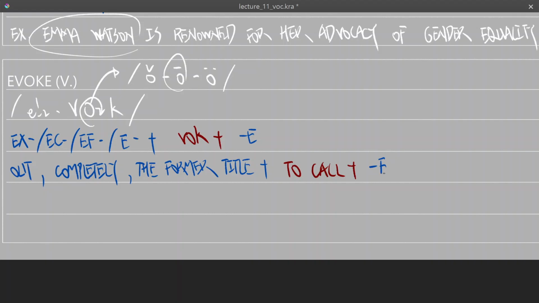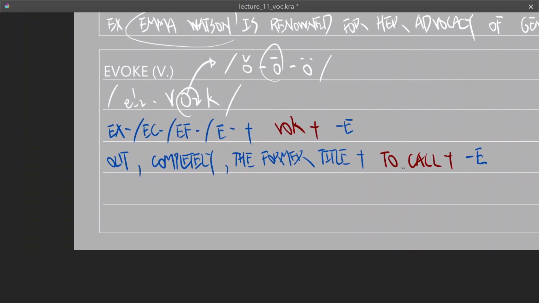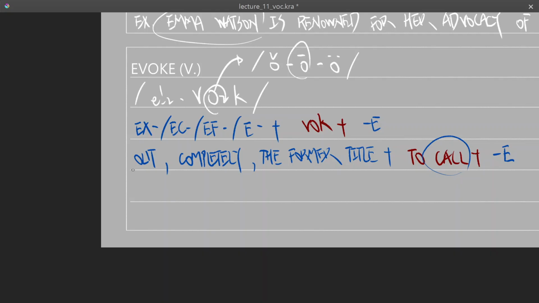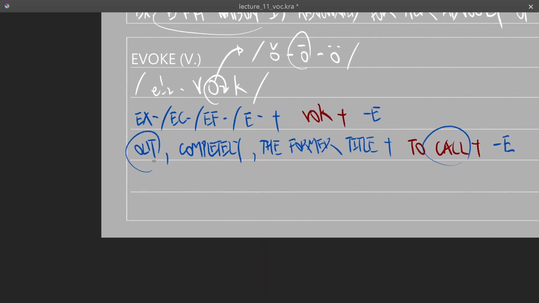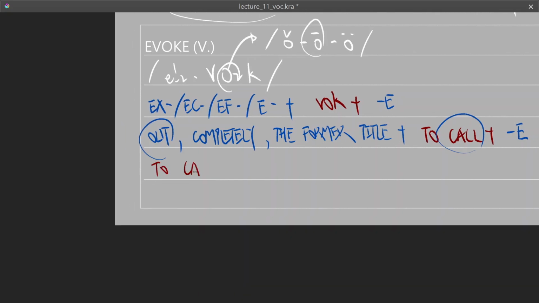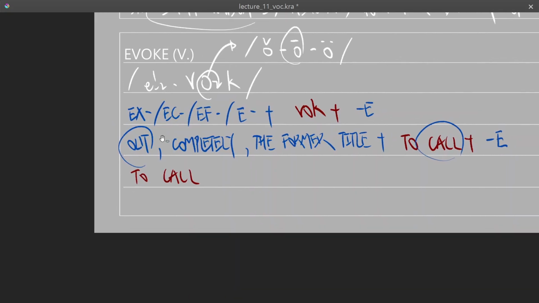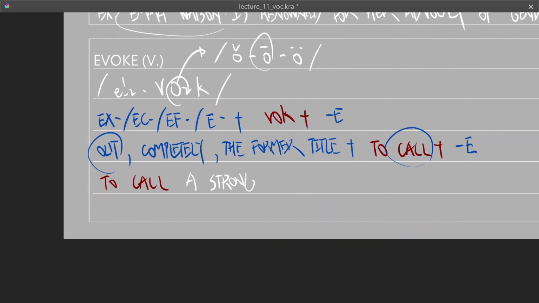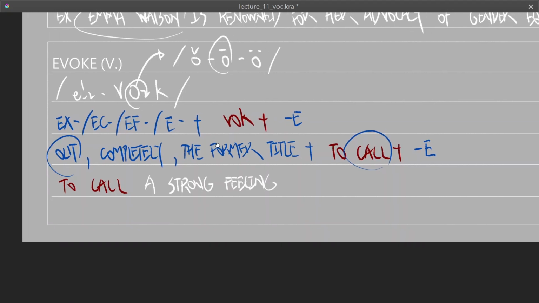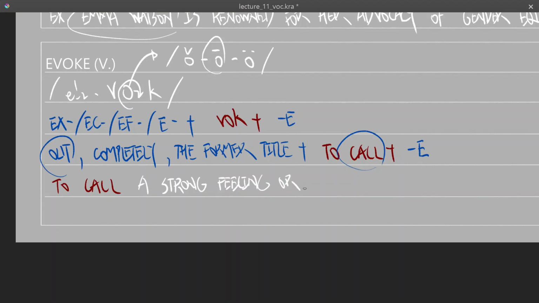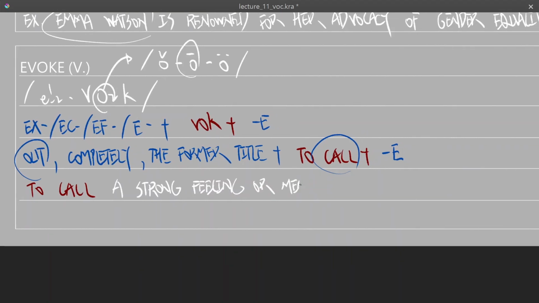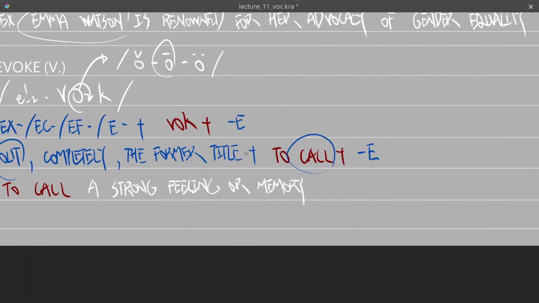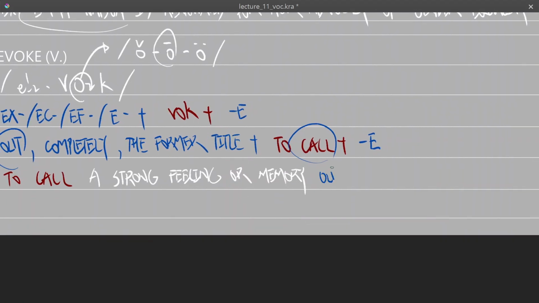Evoke literally means to call something out. To call what kind of stuff out? To call a strong feeling or memory out. Cool, that's simple.